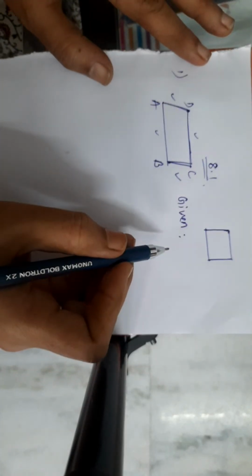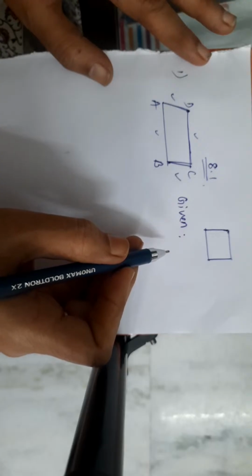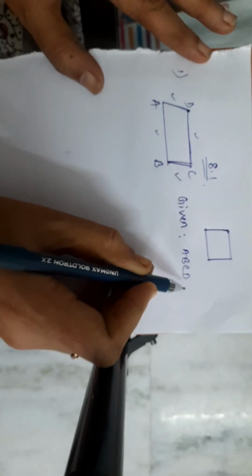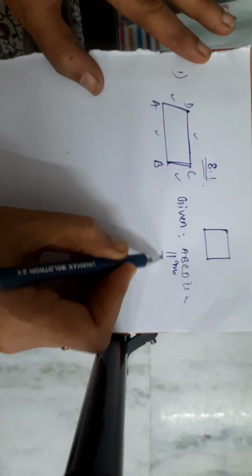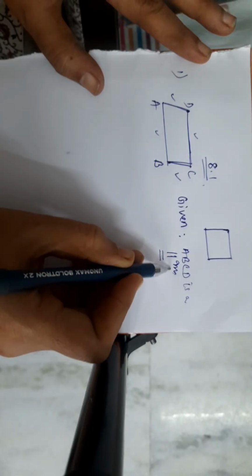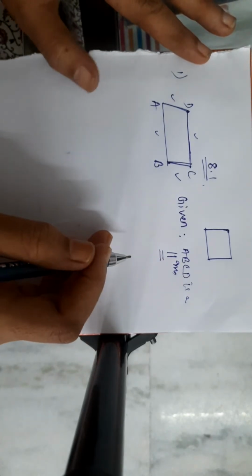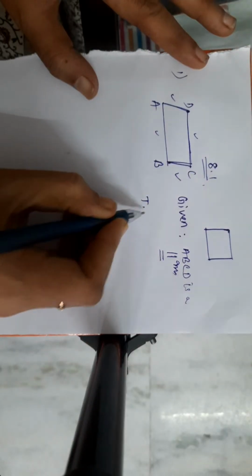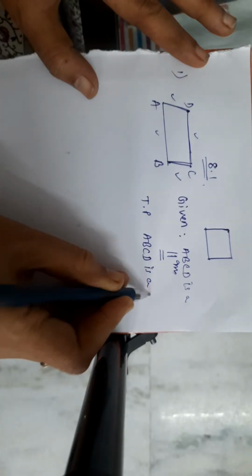Let's move on. In the question it was given that the diagonals of the parallelogram are equal. So given: ABCD is a parallelogram. This is the symbol of parallelogram; in short, you can write it like two parallel lines and then gm. To prove: ABCD is a rectangle.